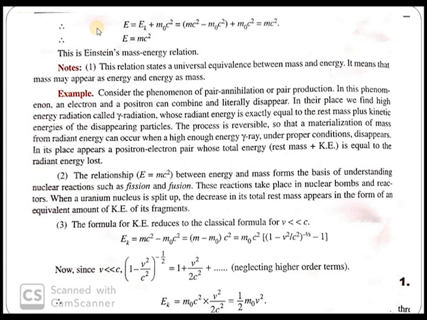This relation states a universal equivalence between mass and energy. It means that wherever mass disappears, energy appears, or wherever energy appears, mass disappears. Okay, it is very important.